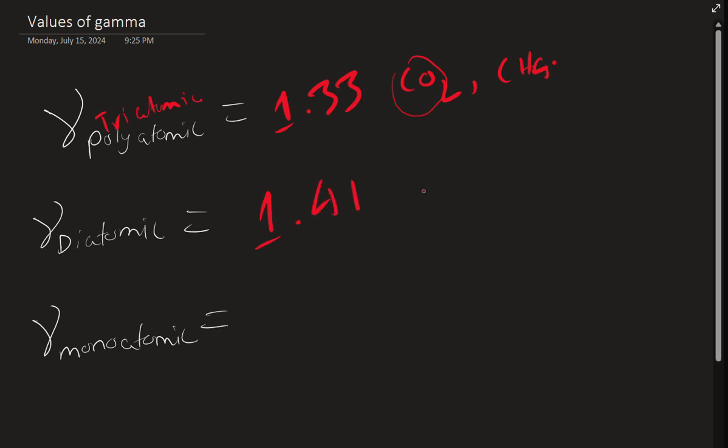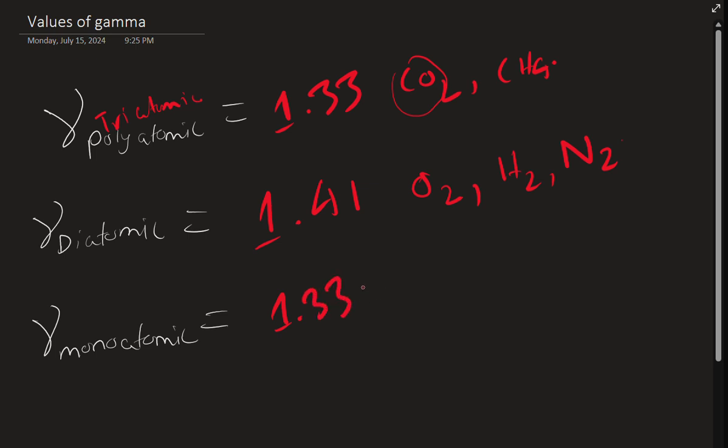Gases like oxygen, hydrogen, nitrogen, etc. all have 2 atoms, so they're diatomic, and the value of gamma for them is 1.41. And gamma for monoatomic gases, meaning gases having only 1 atom, is 1.33.